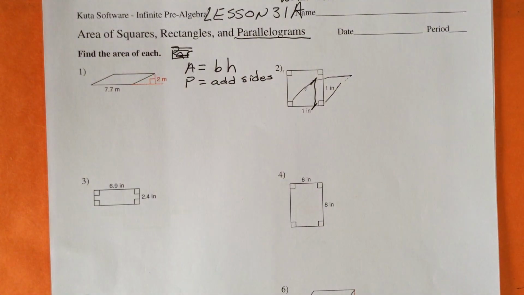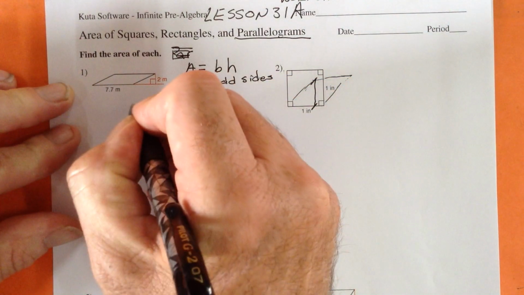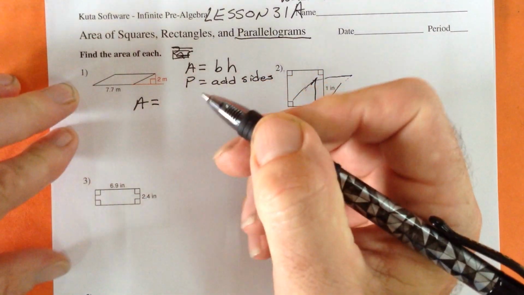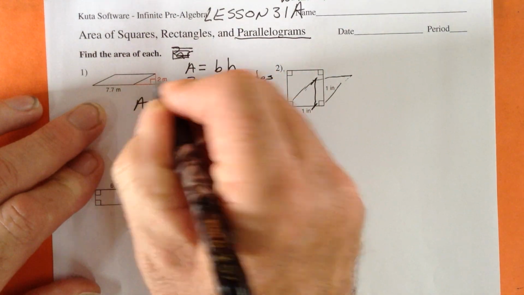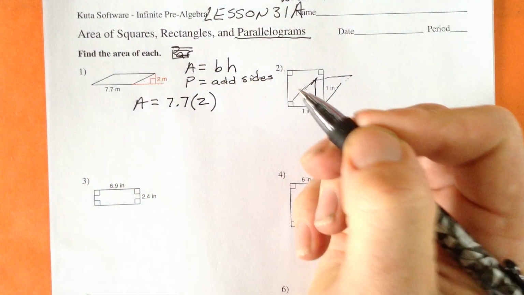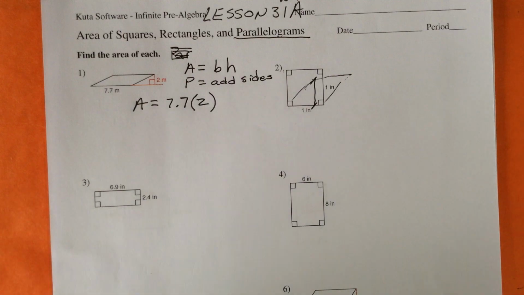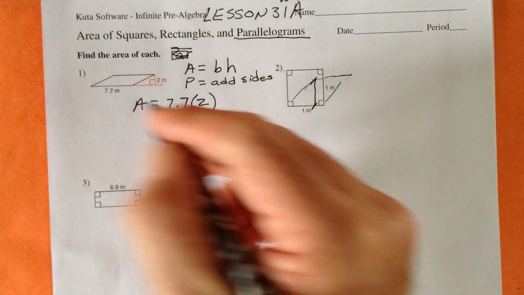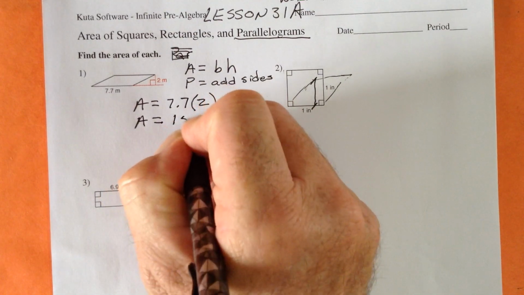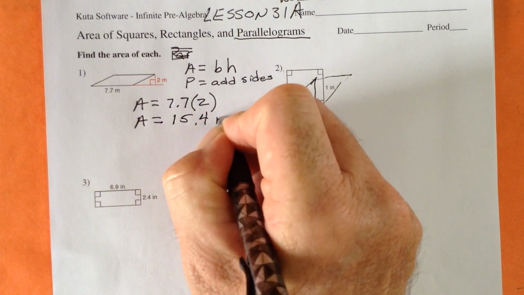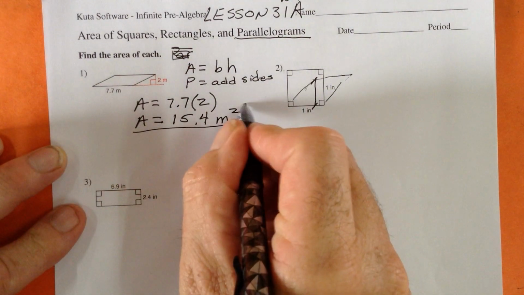So here, to find the area, the base will be 7.7 times the height, which is 2. I did work this out: 7.7 times 2, the area would be 15.4 square meters.